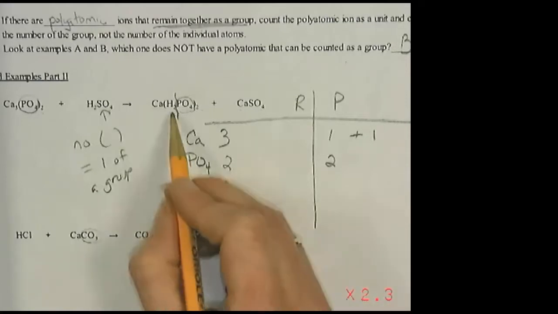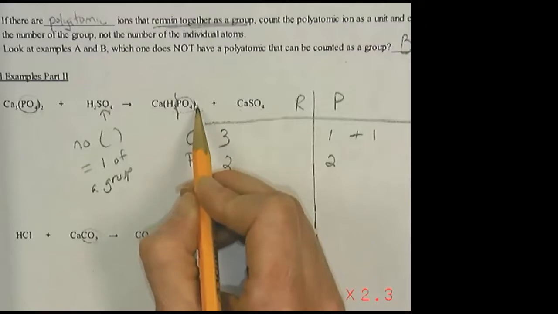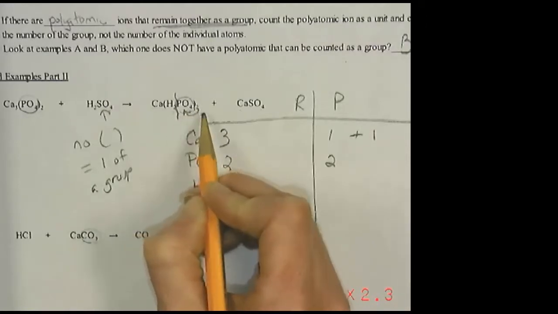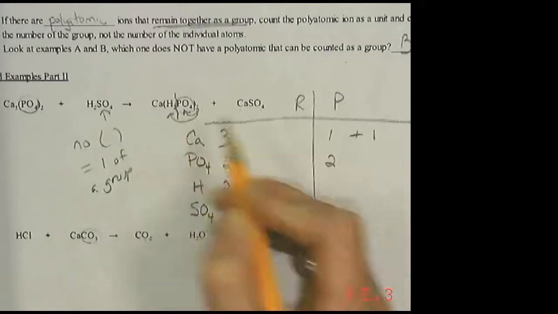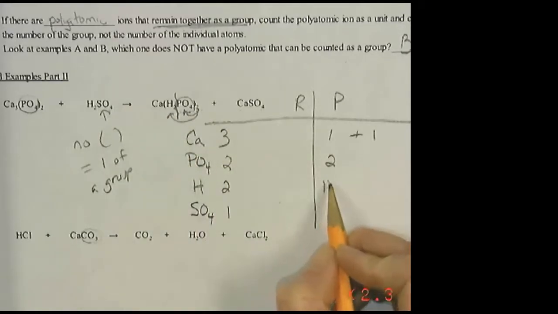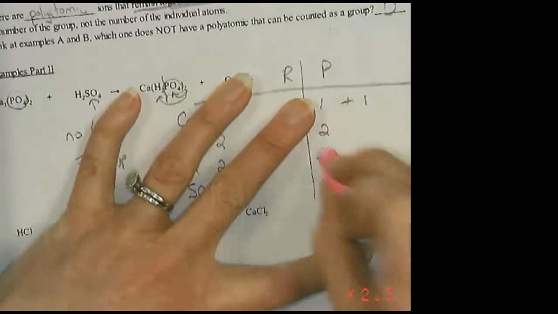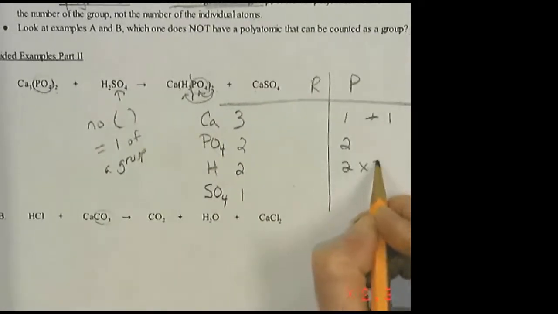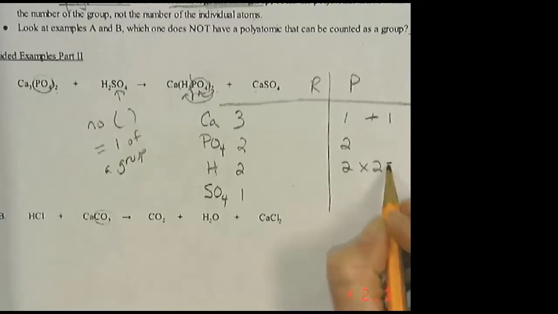Okay. Hydrogens, I have to be careful. So parentheses are a distributive property here, but we're just kind of working backwards in chem. So I have hydrogen, 2 times 2 for a total of 4.